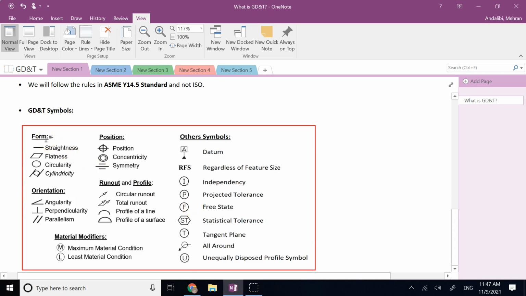But in general, you can break them down into 5 or 6 categories: form, position, orientation, runouts, and profile, or you can separate runout and profile. Then the material modifiers, LMC and MMC, and then some other symbols that you have. And as I said, the goal is to explain them one by one.